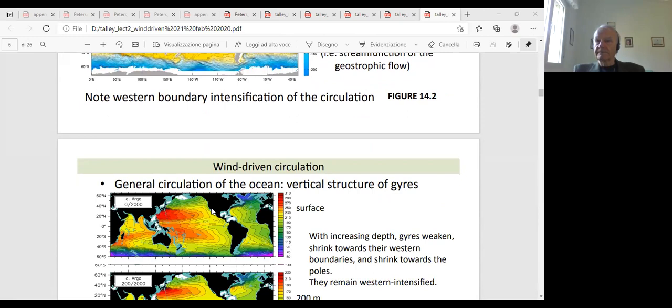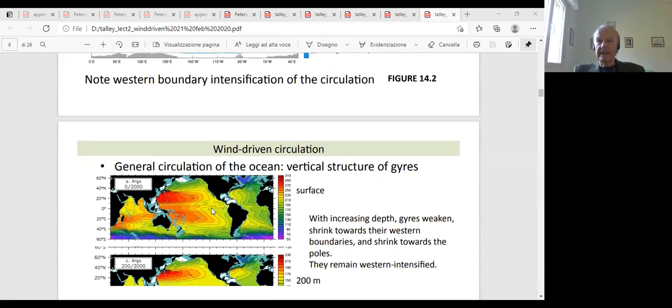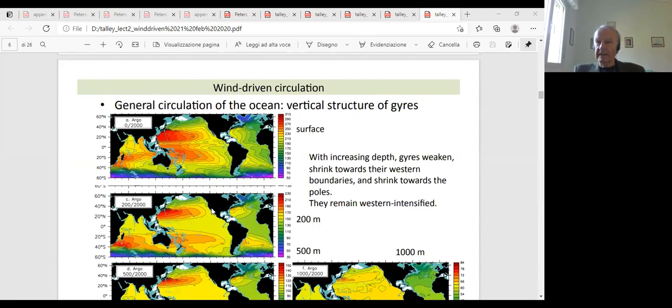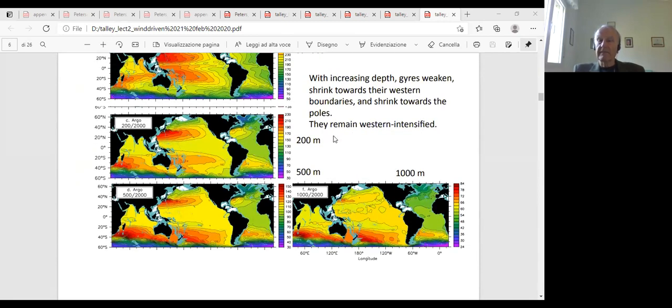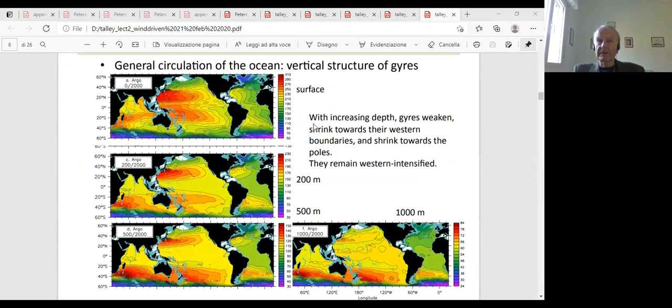So this is the surface, and this is the vertical structure of these gyres. Here are the gyres from the surface layer, and you can see this is the pattern we have seen here.